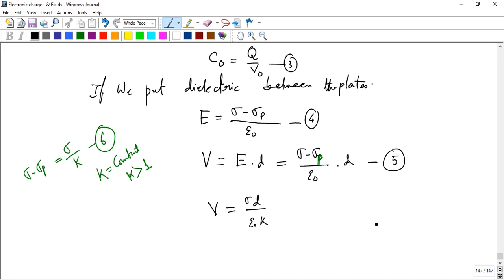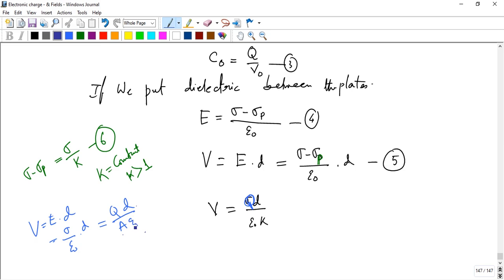So how to get this value? It comes from V equals E times D, and E equals sigma over epsilon naught, times D, and sigma equals Q by A. Finally we get V equals Q D by A epsilon naught.